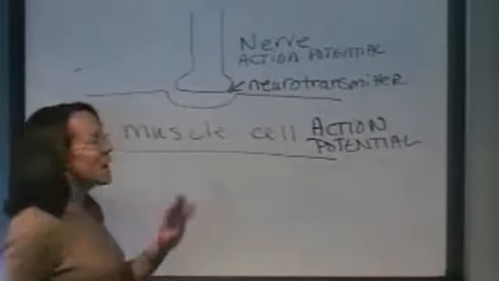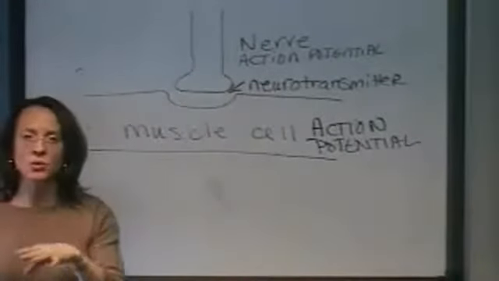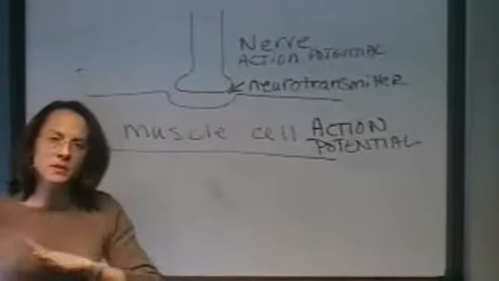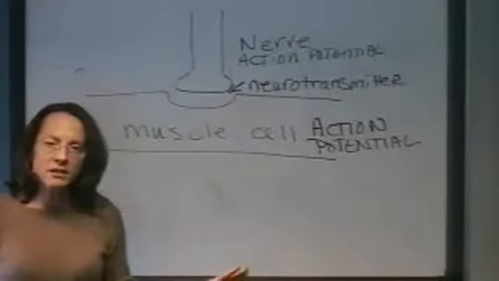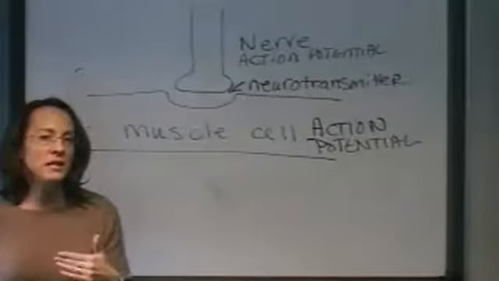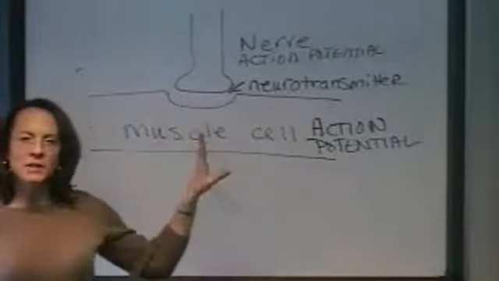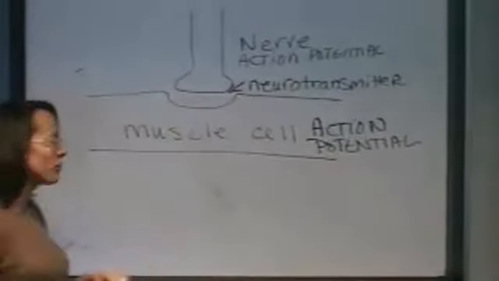So action potential, neurotransmitter, action potential. We need to talk about the specifics of this. We're going to talk about the specific steps of an action potential next, but I just want you to understand it's the electrical activity that makes a nerve or a muscle work. An action potential will travel down a nerve.